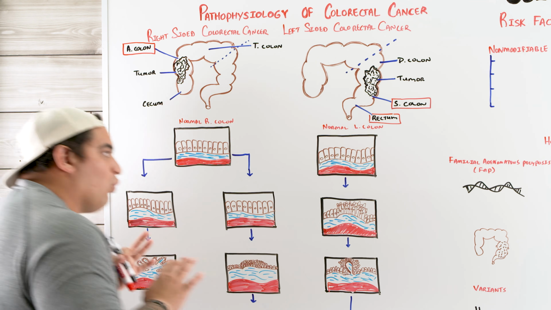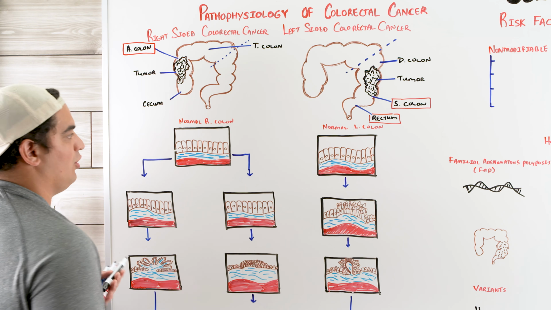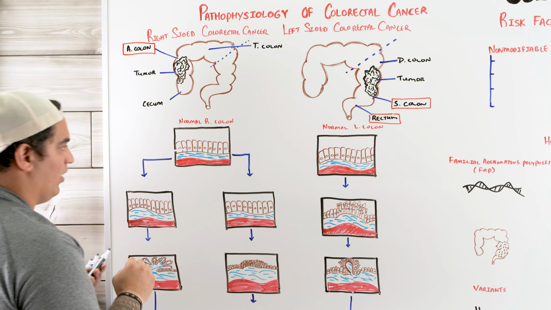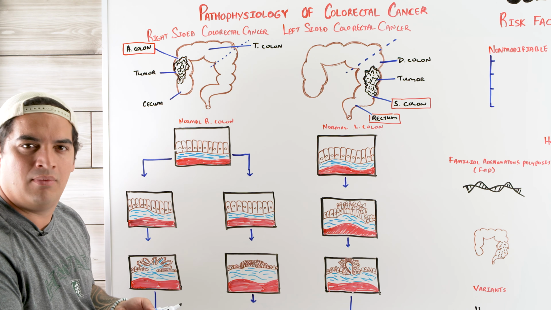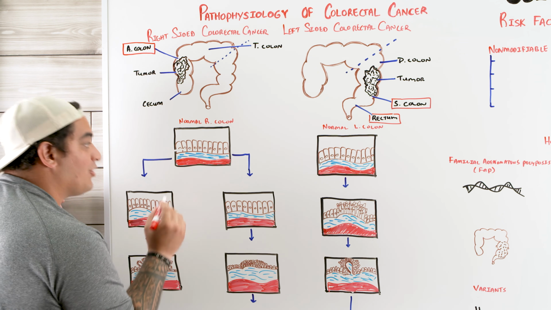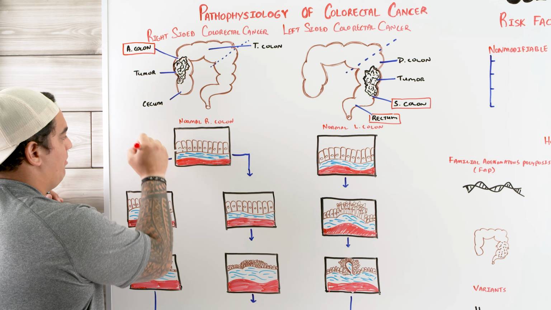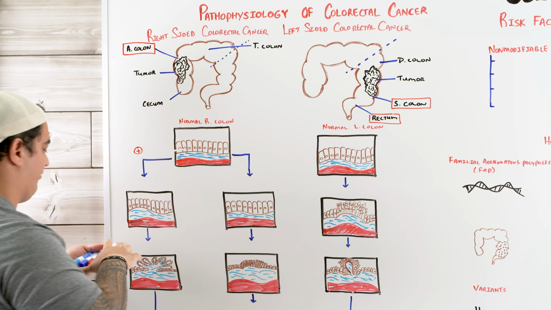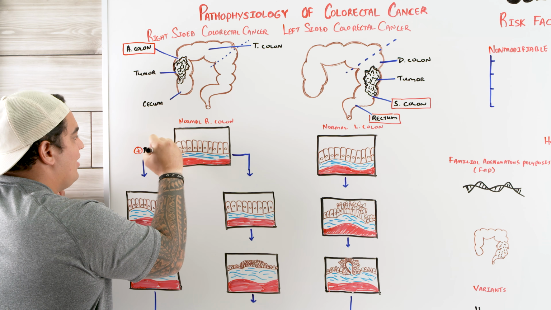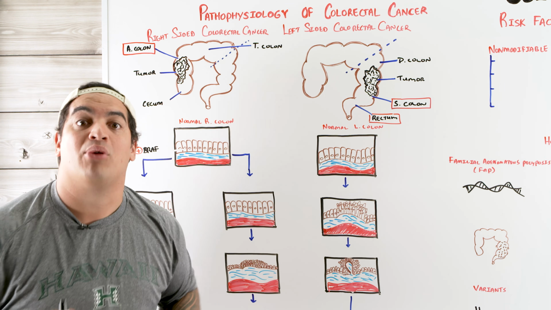Well, without going crazy down the genetic pathway, this is all due to mutations. So let's say here's a piece of tissue, it's a normal right colon. All of a sudden, I take this one and I introduce a mutation. What kind of mutation? Well, there's different types, but the one that's really important to remember is called a BRAF mutation. BRAF is basically an enzyme that signals to the nucleus to trigger the transcription of genes that are involved in proliferation.